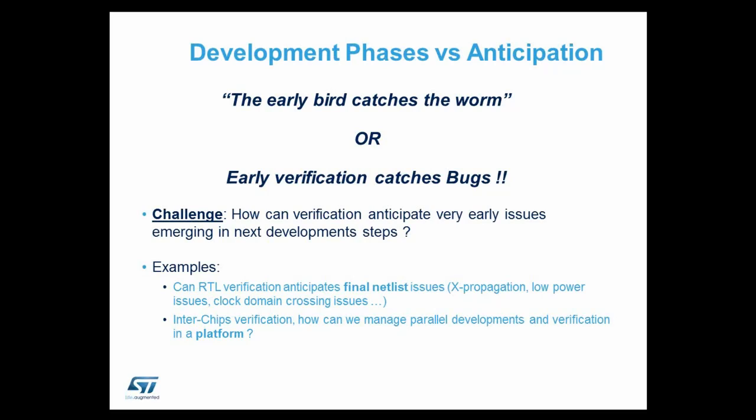We do want cross verification of parallel SoCs, to be sure that we are seeing problems coming in platforms when we put SoCs together. So it's fine to make correct SoCs, but we should have SoCs working and talking together. This is why anticipation is very important in platform developments.